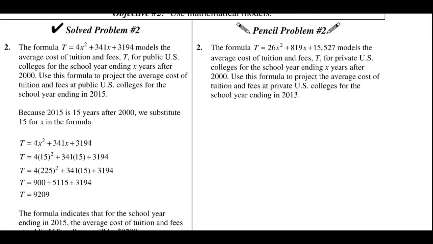So basically the tuition in the year 2013 is going to be given by 26 times 13 to the second power plus 819 times 13 plus 15,527.